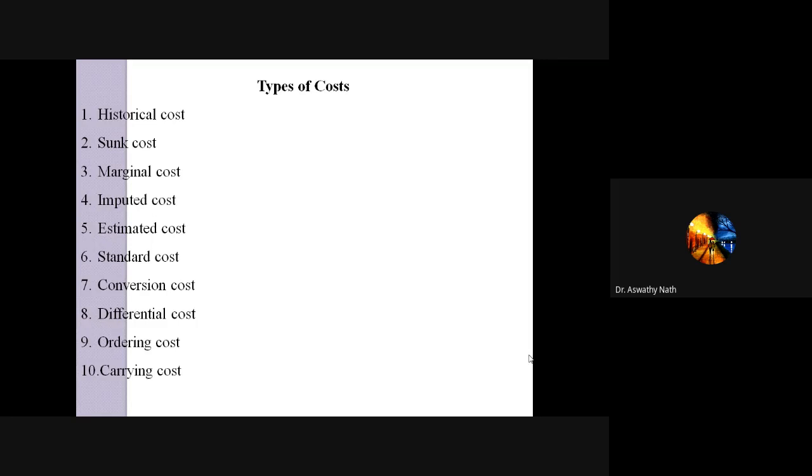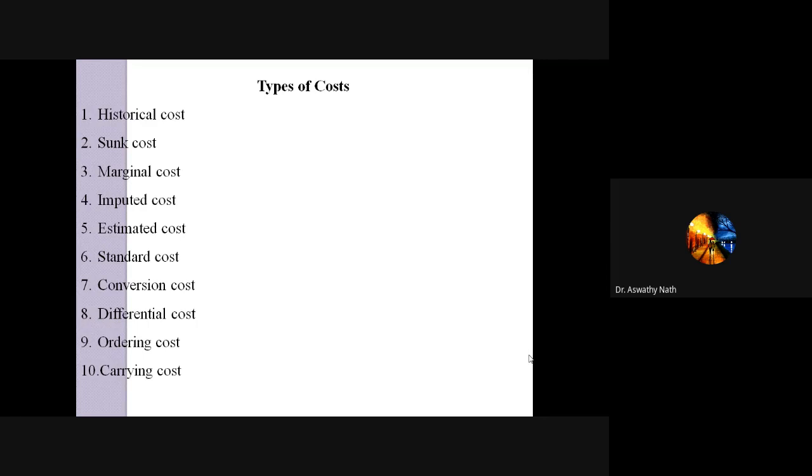Then estimated cost. Those are the predetermined costs. Sometimes we determine the cost in advance. So after considering all the factors which will influence the cost, we predetermine certain costs, and that is called estimated cost. Another type is standard cost. Standard cost is actually assigned.